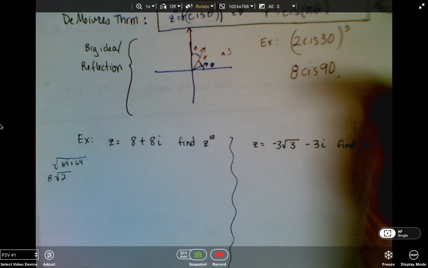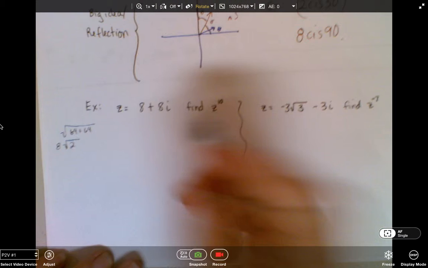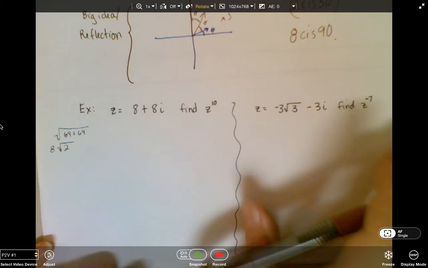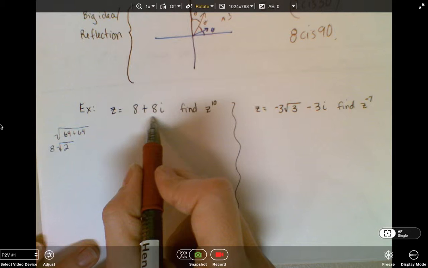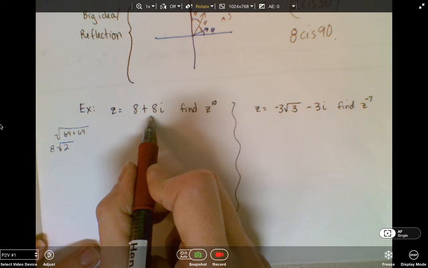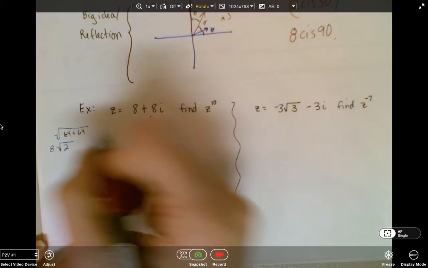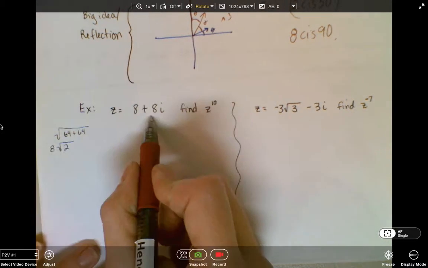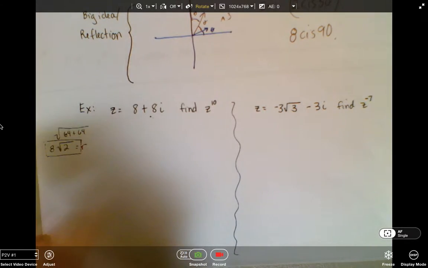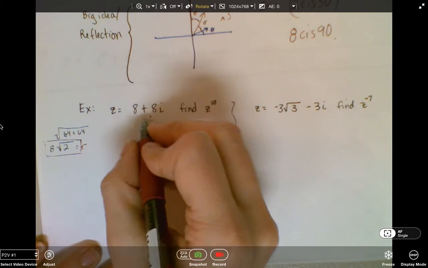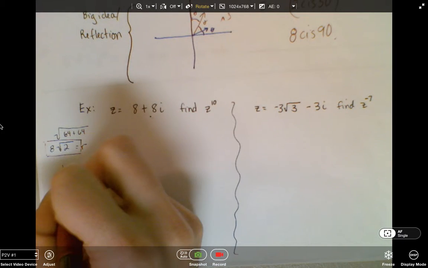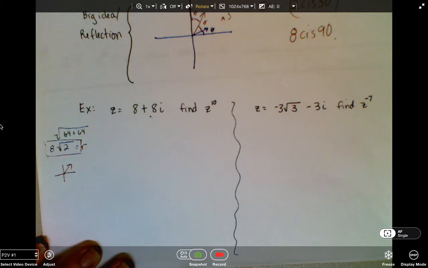So for example, let's find z to the 10th of this term right here. The first thing we need to do is put it into our r cosine theta plus i sine theta notation. Right here, I went ahead and calculated r in advance for us. And then 8 plus 8i is going to give us a 45 along that trajectory.